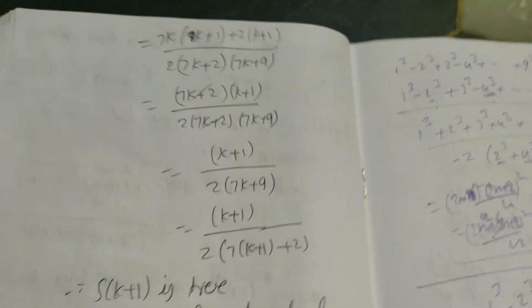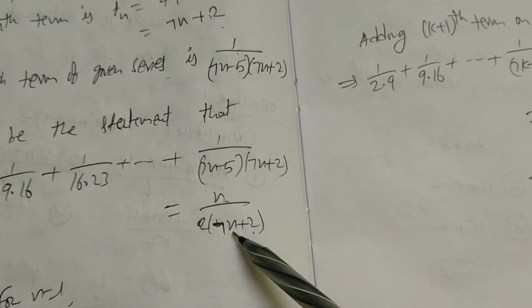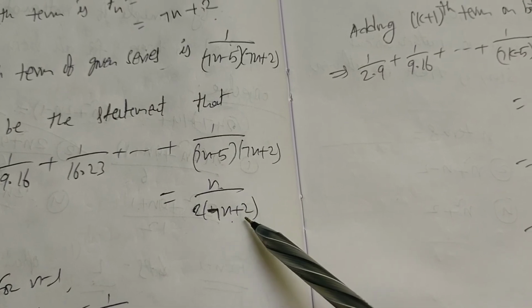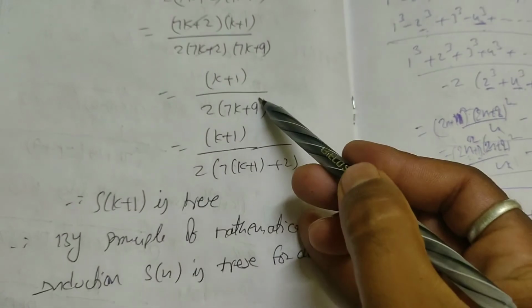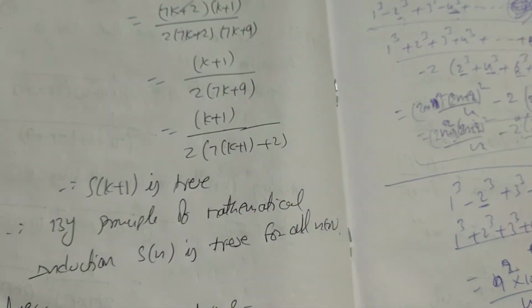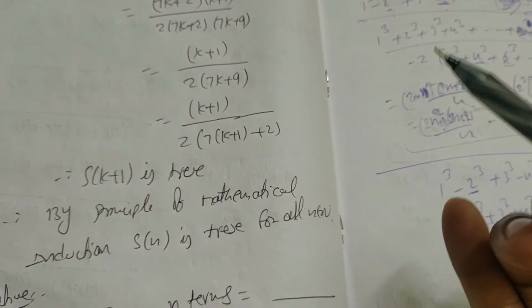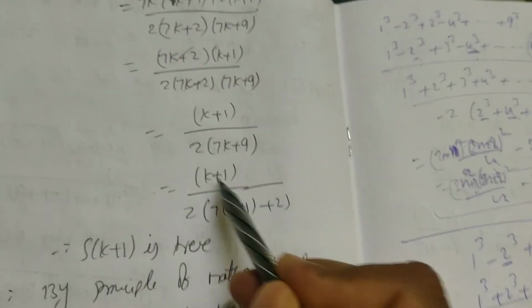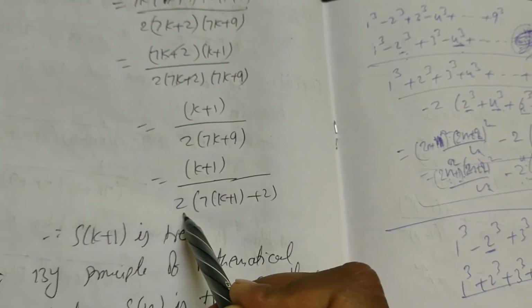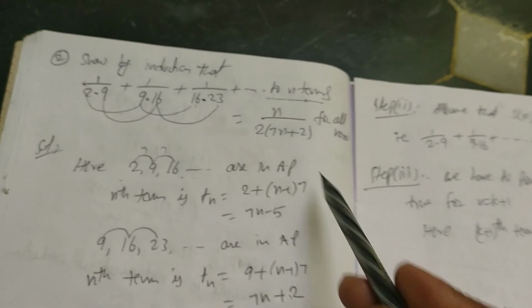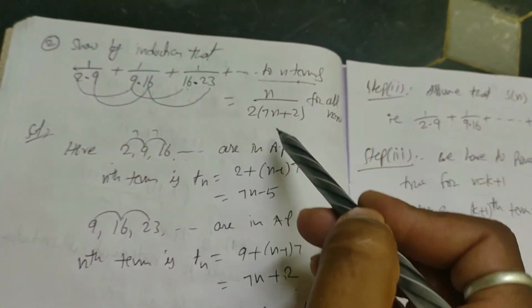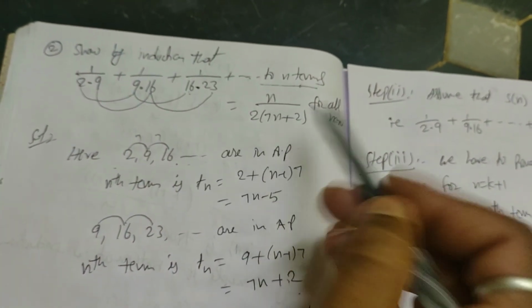First you have to write it in terms of the nth term, that means in terms of 7 into k plus 1 plus 2. After writing, if this one and this one are equal, then your procedure is correct. Otherwise it may be wrong somewhere. So in the RHS you have to write in the nth term: k plus 1 by 2 times of 7 times of k plus 1 plus 2.